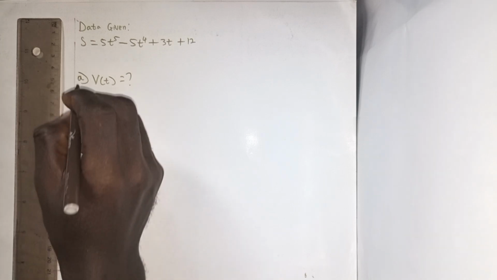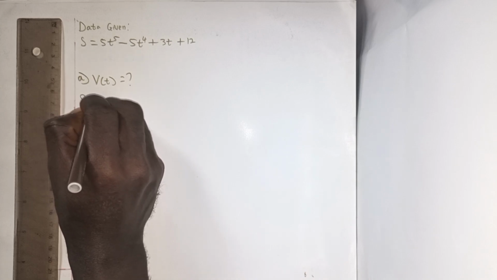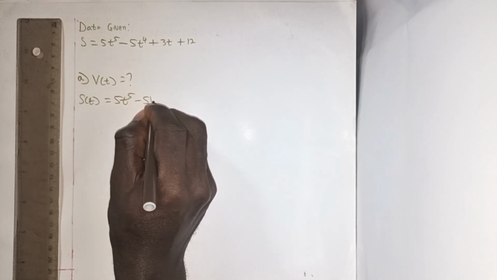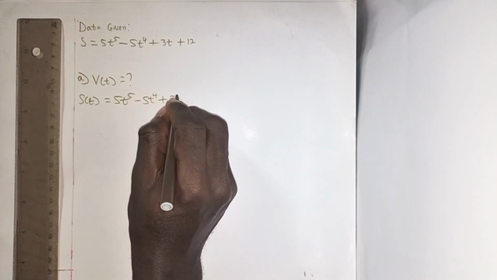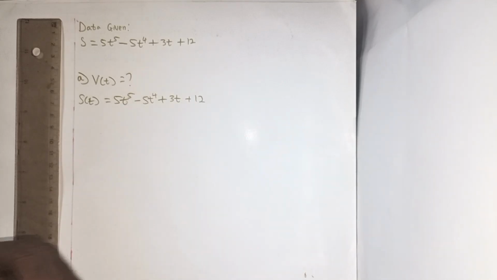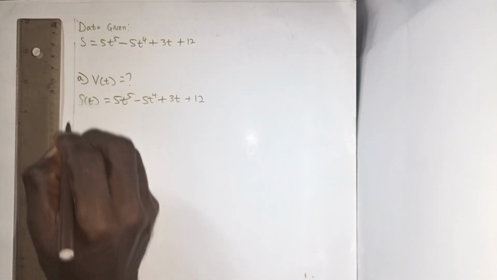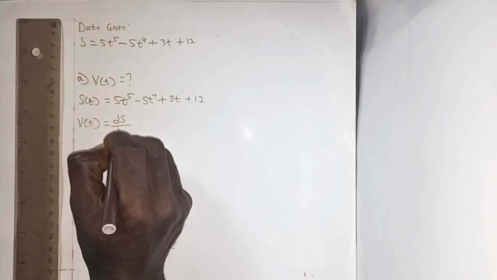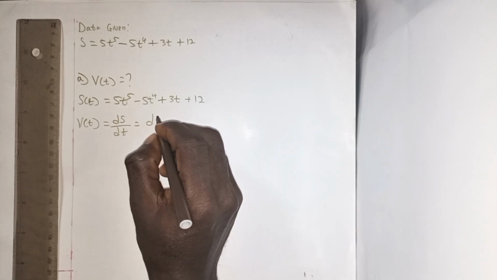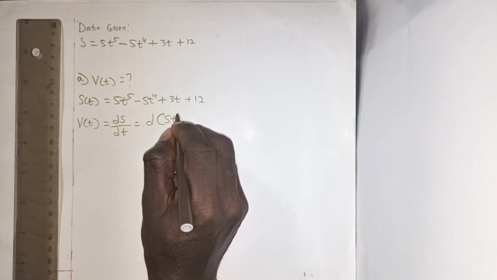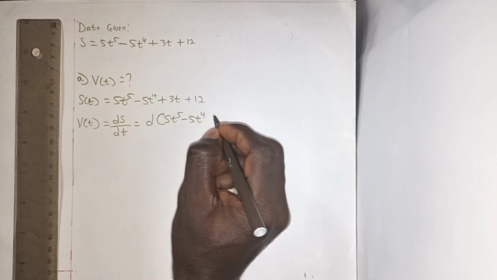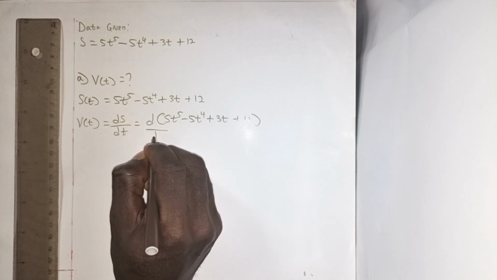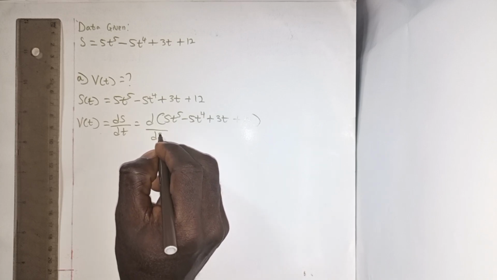So now s of t once again is 5t^5 minus 5t^4 plus 3t plus 12. We are differentiating it just once, the first derivative, so v of t equals ds over dt, which you can write as the derivative of 5t^5 minus 5t^4 plus 3t plus 12 over dt.